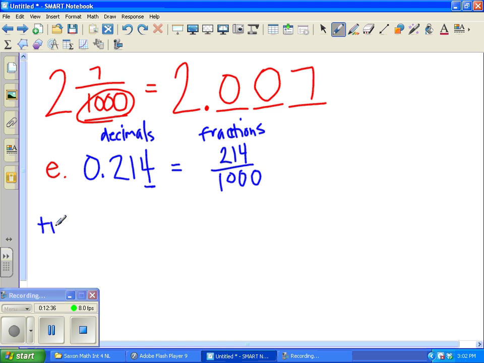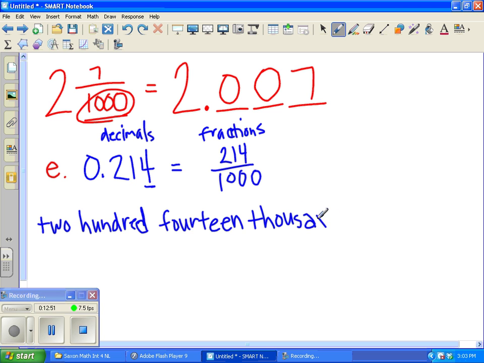Here we go. 214 thousandths. Okay, 214 thousandths.